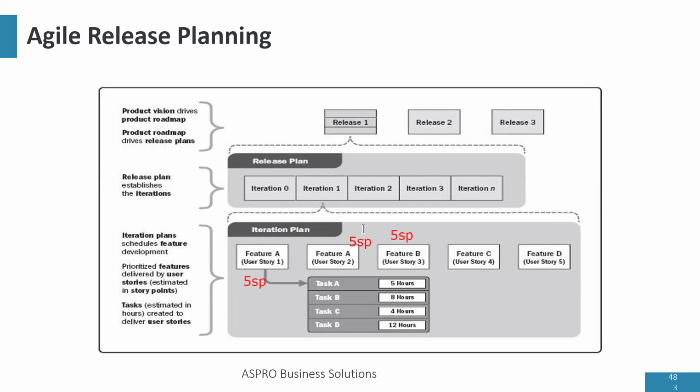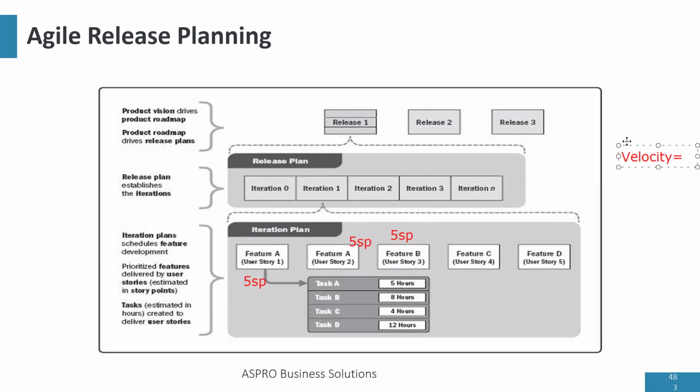There's something called velocity. When I know the total number of story points your team can achieve in an iteration or sprint, that is called velocity. So velocity is now what you use.